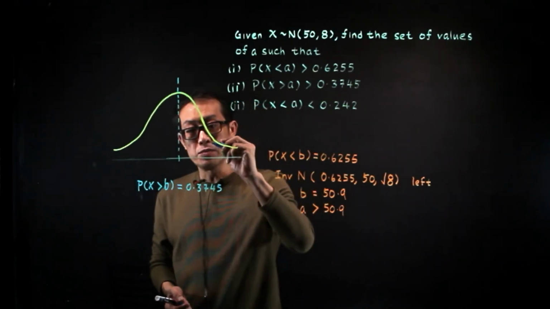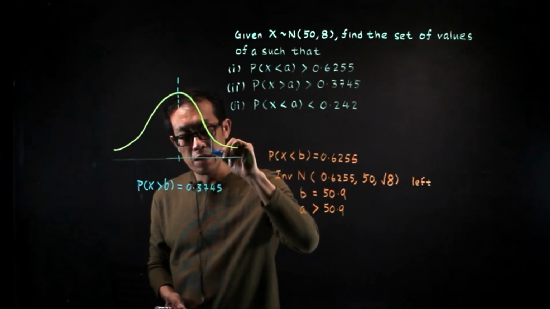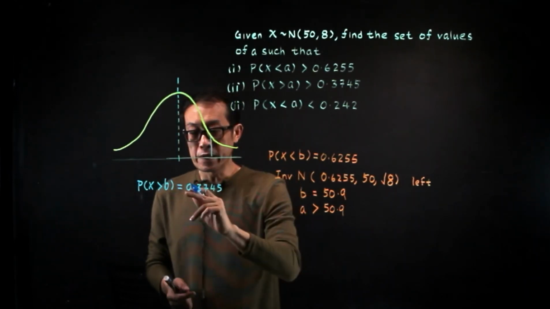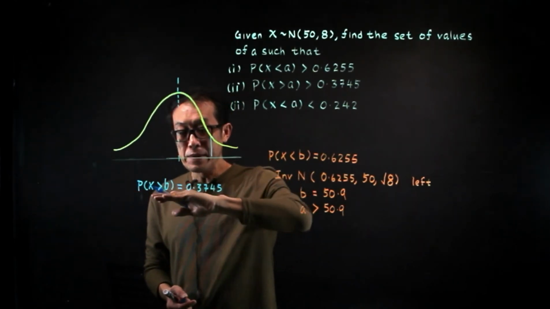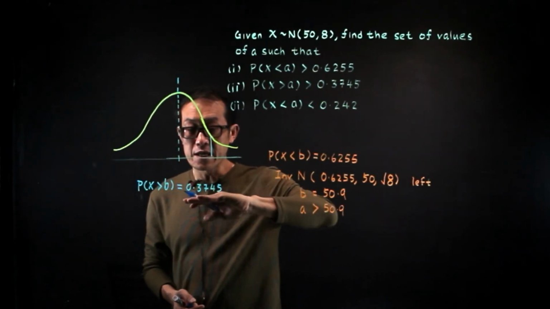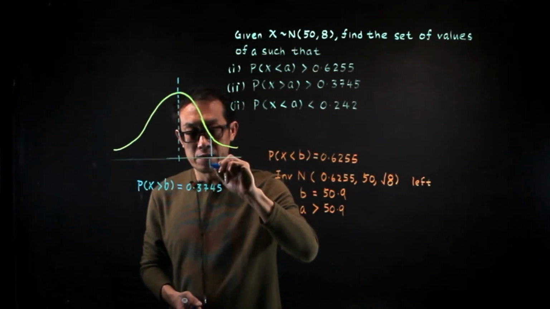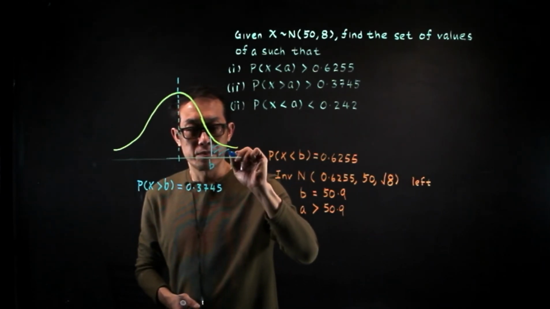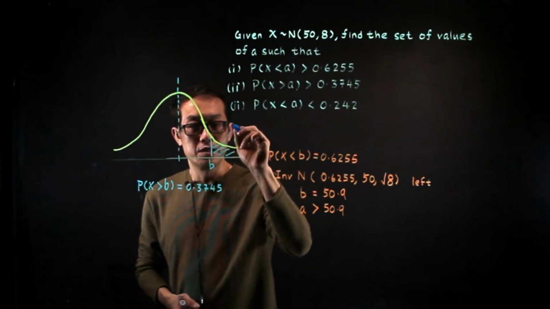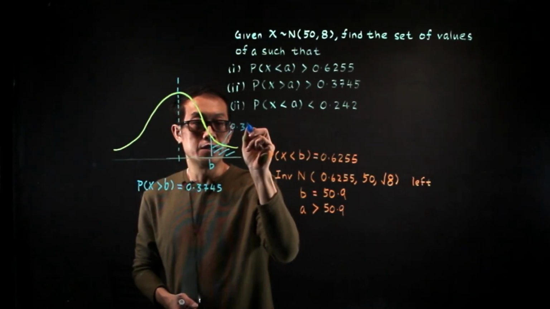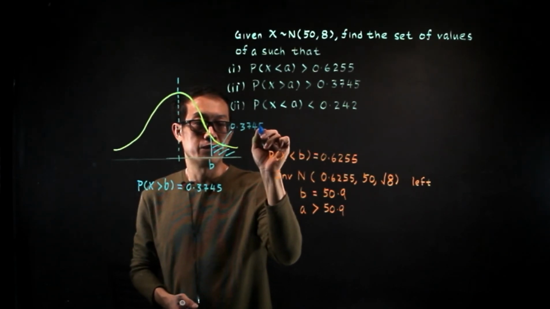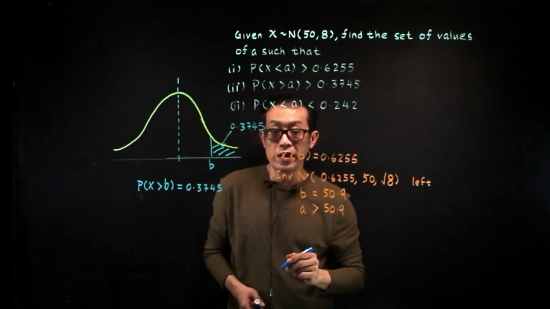Then B has to be over here, because greater than B, and this is less than 0.5. So B has to be here. So this area is 0.3745. Now let's find the value of B.